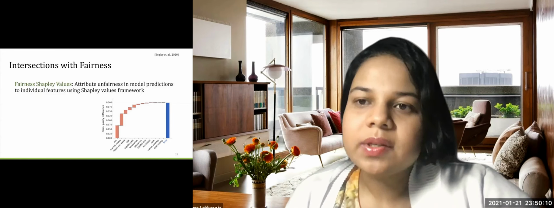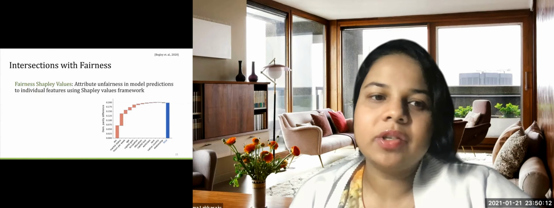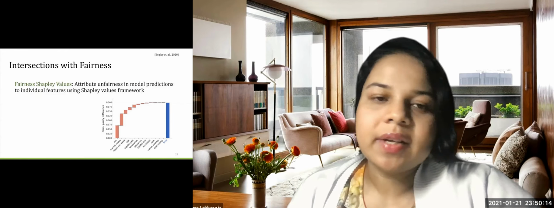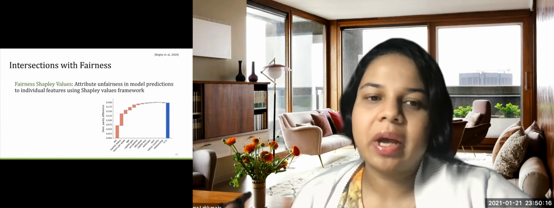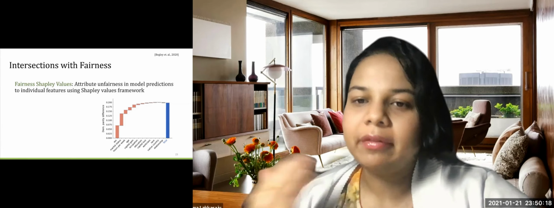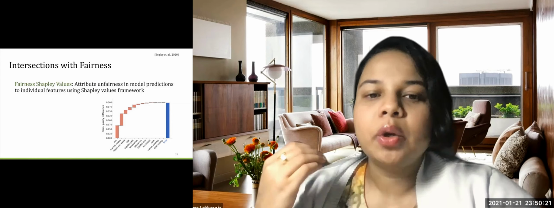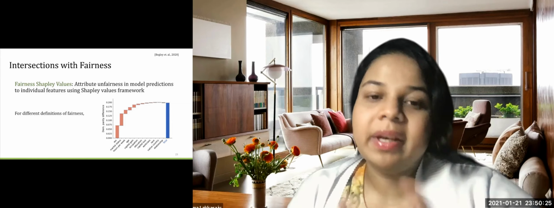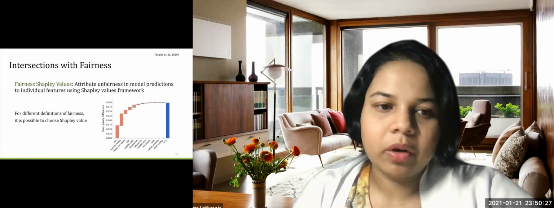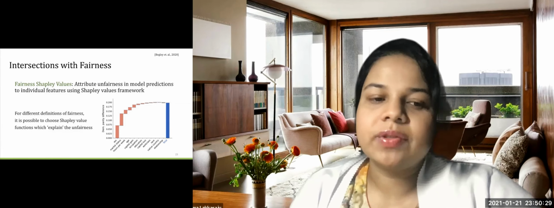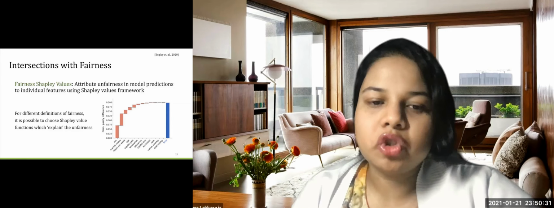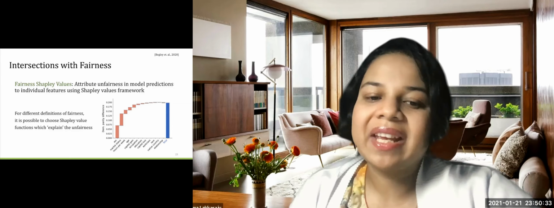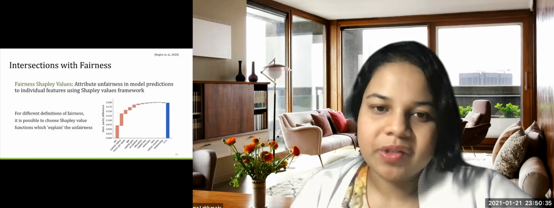Now, there has been also some very recent work by Begley et al., where the idea is to basically come up with these fairness Shapley values, where we attribute unfairness in model predictions to individual features, which can be done by using the Shapley values framework. And for different definitions of fairness, it is possible to choose Shapley functions which explain the unfairness.